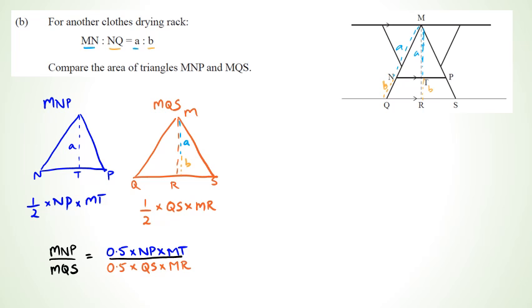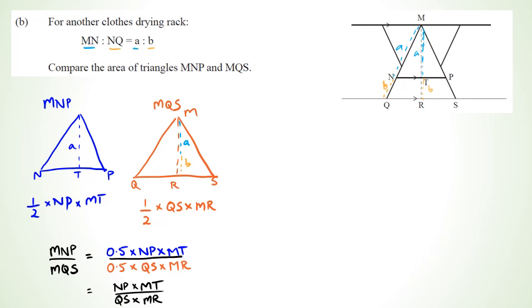So my 0.5s go away, and what I'm left over with is NP times MT divided by QS times MR. The next part I need to have a look at is, because these are all ratios that I'm working with, right?